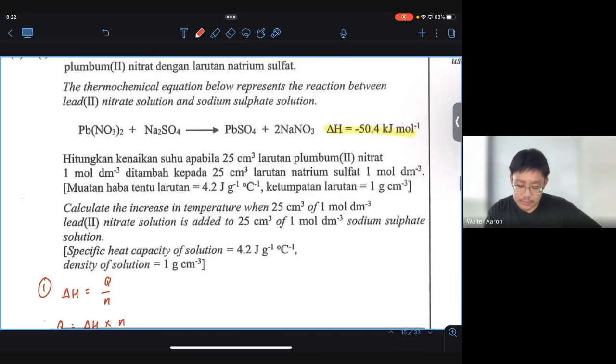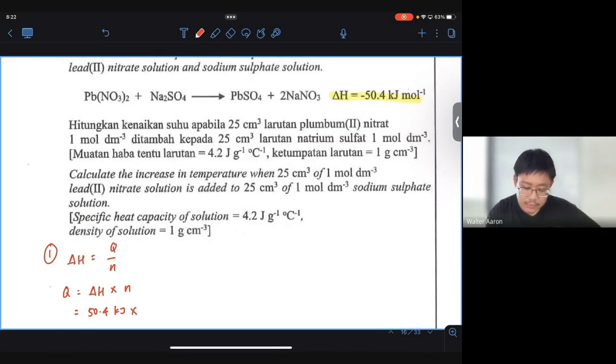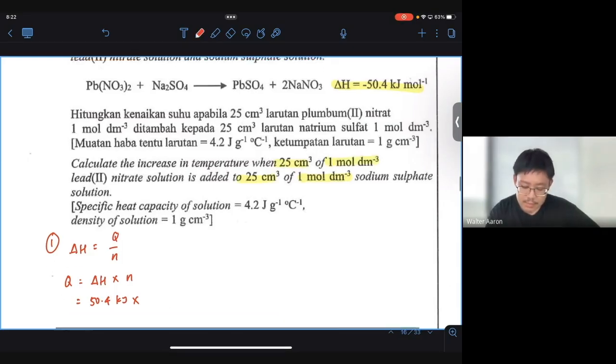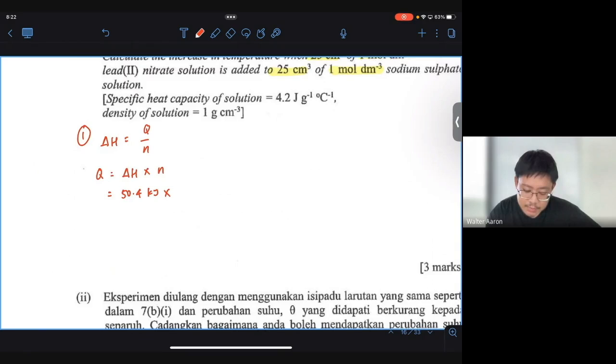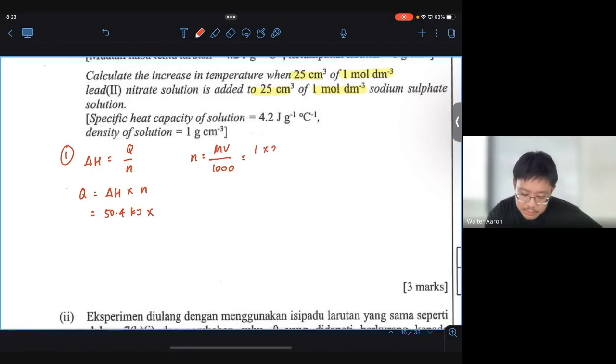Right now we see the number of mole is 1 mole per dm cube for both solutions, and the volume is also the same. So to calculate N is very simple. N, the number of mole, you can calculate with MV over 1000. So that would be 1 times 25 divided by 1000.